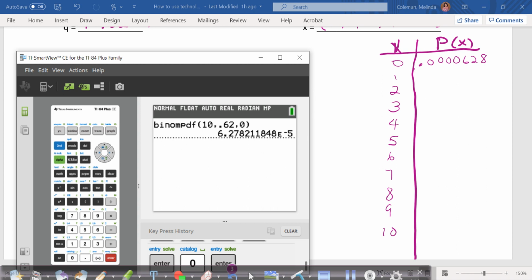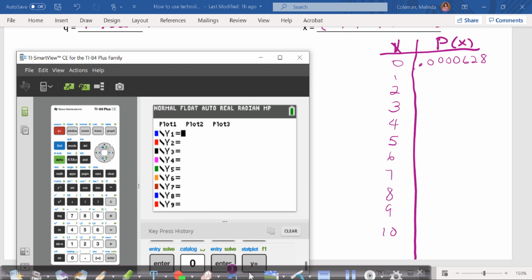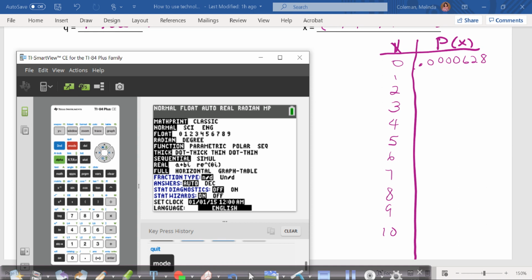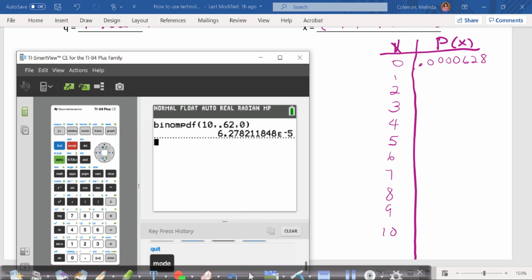Then I'm going to do the exact same thing to find all the remaining 10 items. To do this, if you haven't learned the shortcut of second enter, after I clear it, second enter is going to put the exact same line from above.